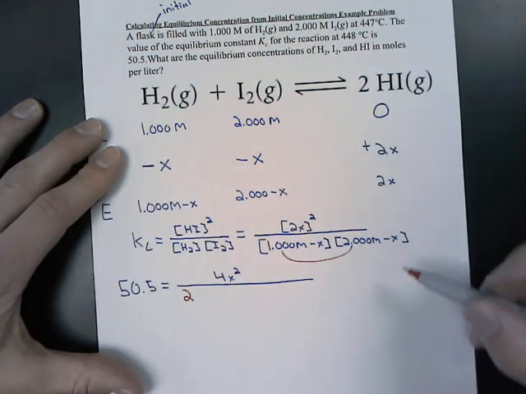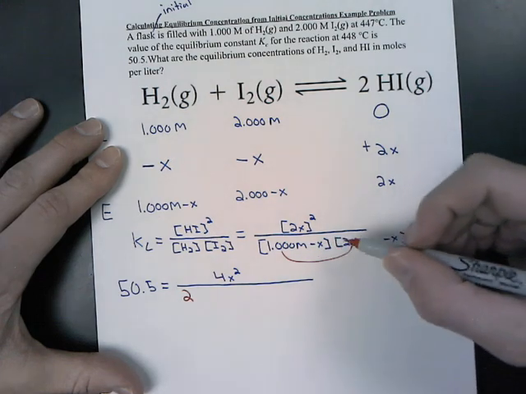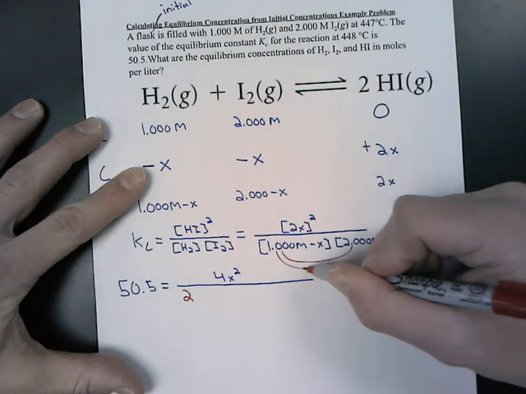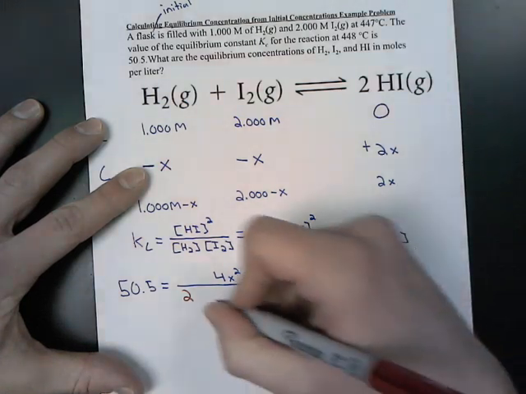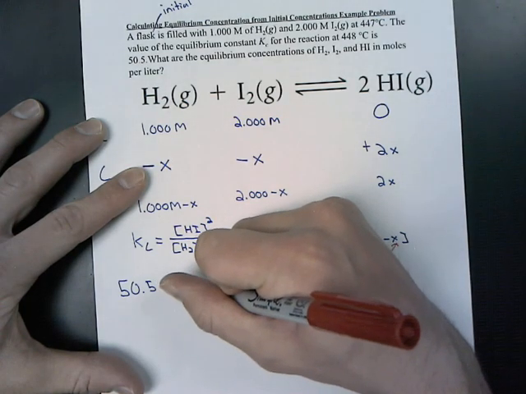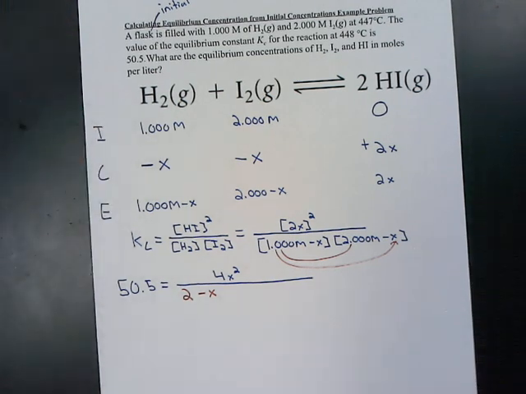And then I'm going to do our outers here. I'm going to take this 1 and multiply it by negative x. So we get 2 minus x. And then I'm going to do the same thing with my x's.